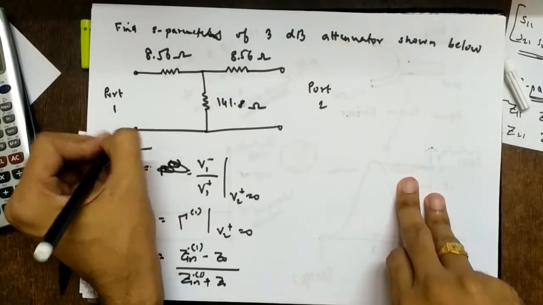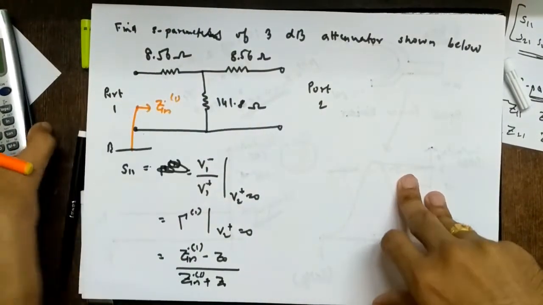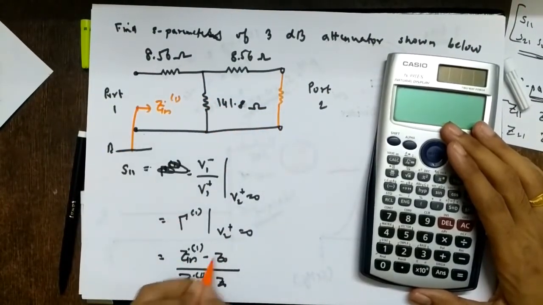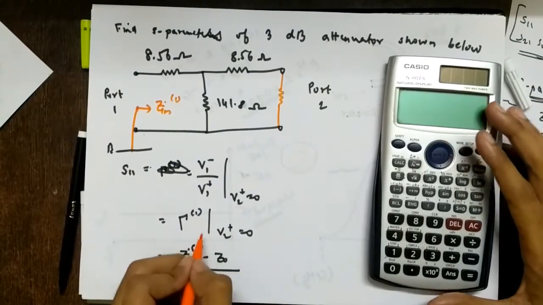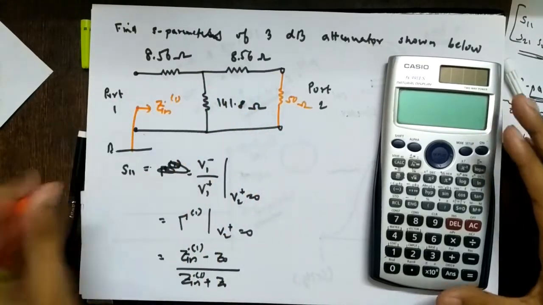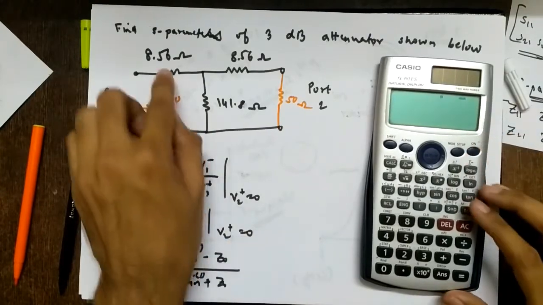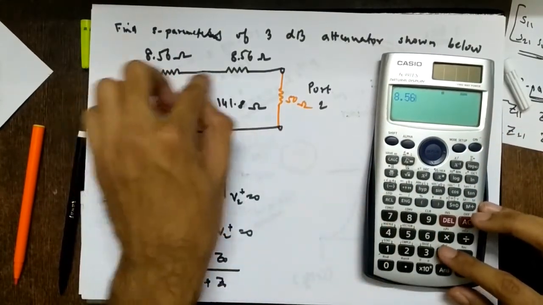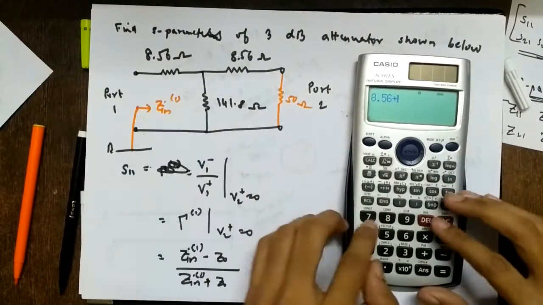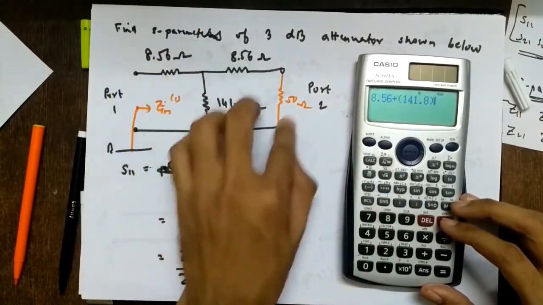So at port 1, what is the input impedance? From here, this will be my Zin at port 1, right? In this case it is terminated with 50 ohms. Terminated with a matched load means what? A matched load is usually taken as 50 ohms because the transmission line characteristic impedance is also 50 ohms, so it will correctly match with this. So 8.56 in series with this combination: 8.56 plus 141.8, which is in parallel with this.